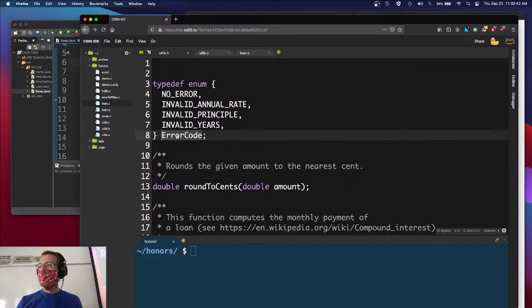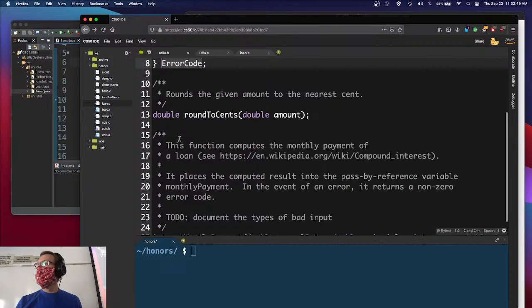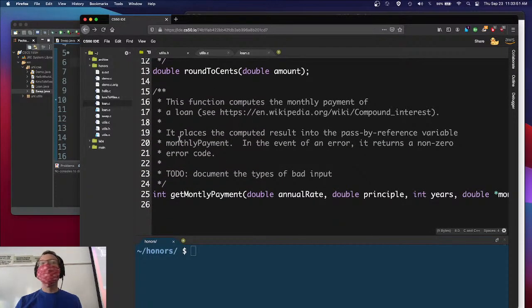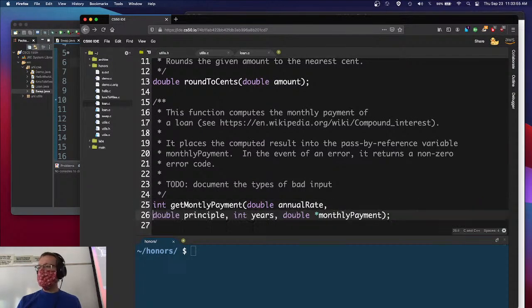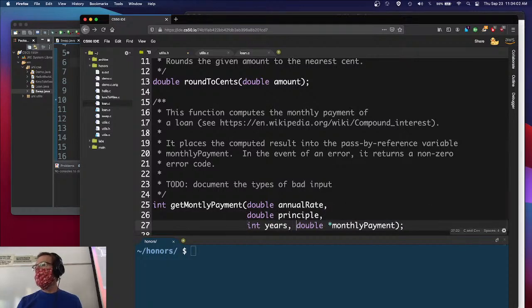Should you do the same white space thing with the prototype for your functions, like if you have multiple parameters? Oh, like this? So often people will use this kind of convention where they align all these things up, right?